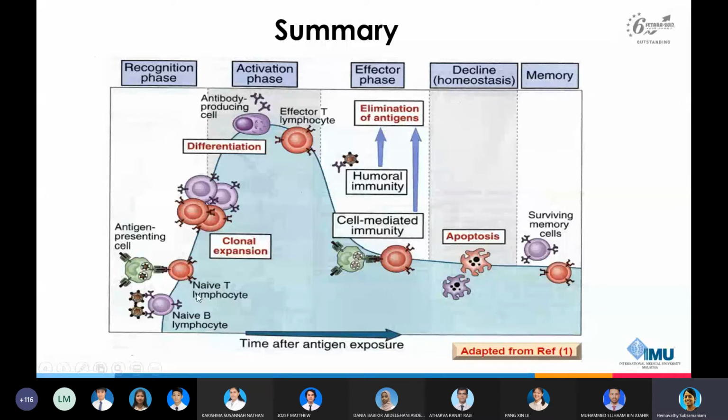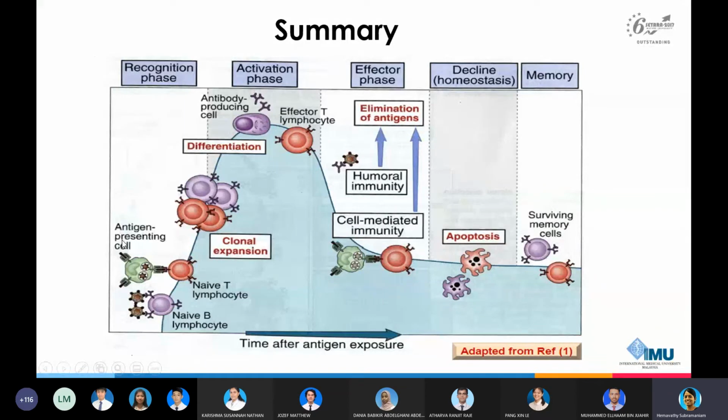All right. So to summarize the adaptive immunity that we have just learned, naive B and naive T cells, naive means they have not encountered antigen before. When your naive B cells and naive T cells encounter the pathogen and it has been recognized as non-self, they will get activated. B cells release antibody and increase in number. As for T cells, antigen recognition occurs with the help of antigen presenting cells and MHC.